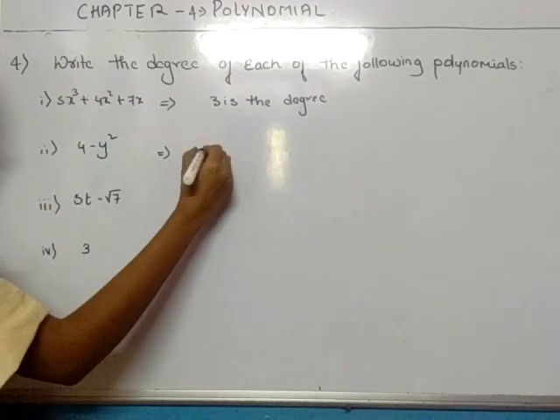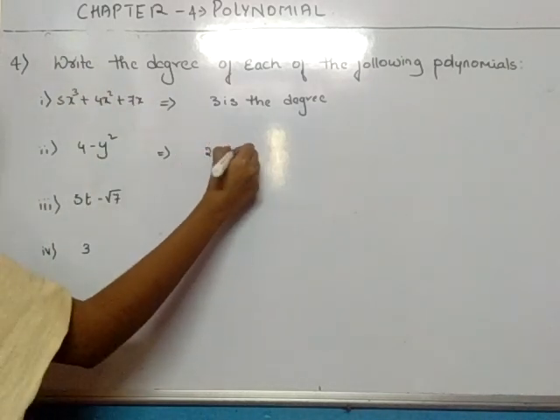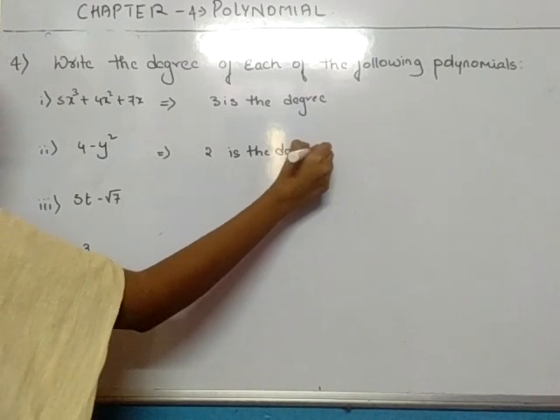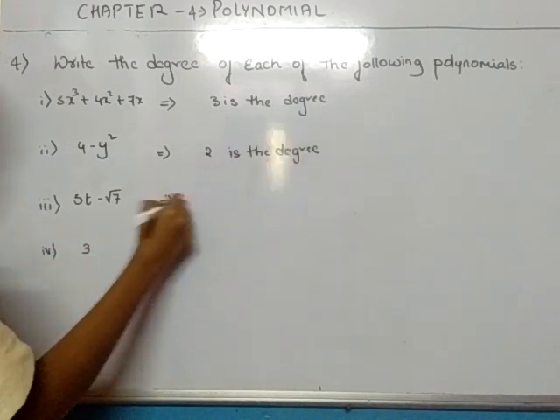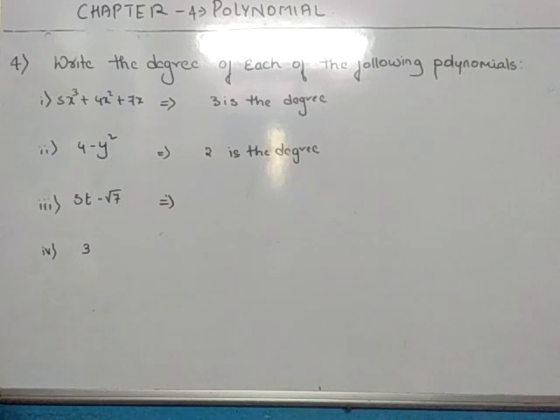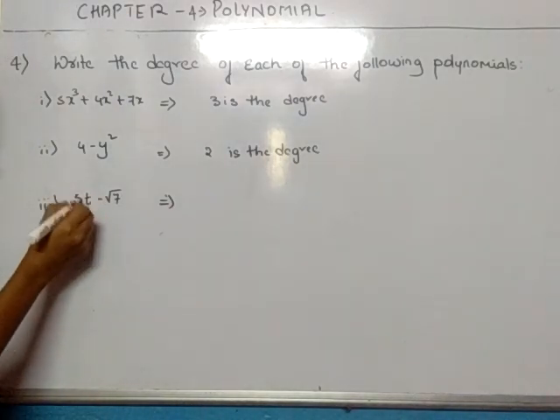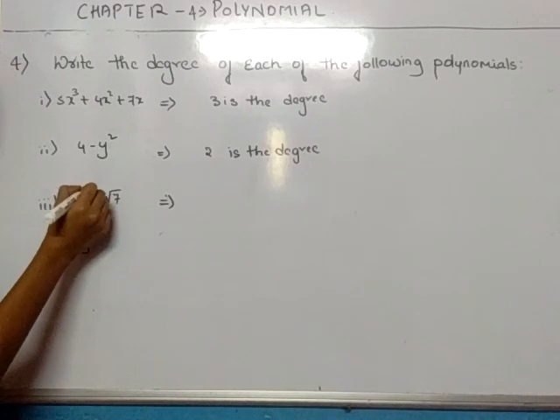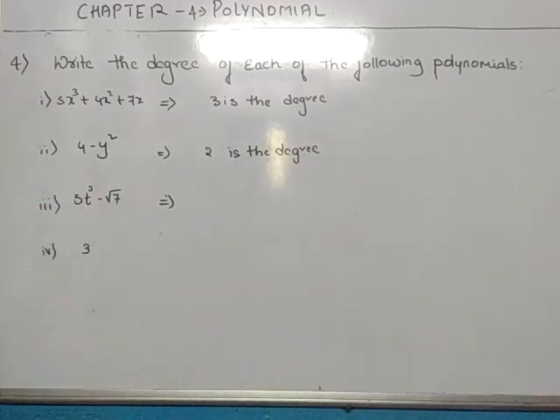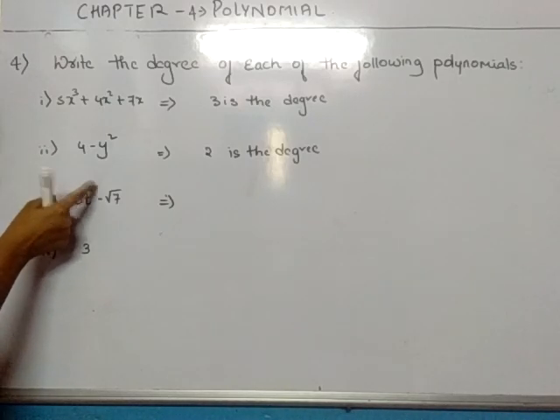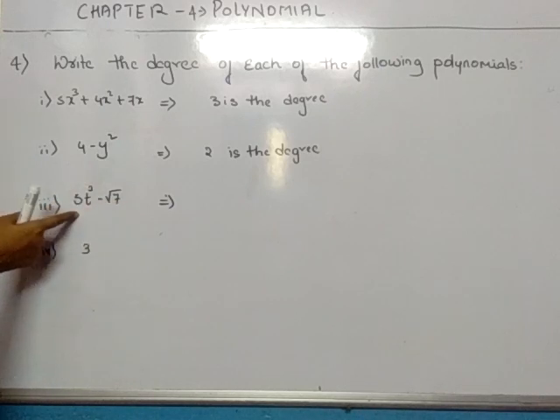So 2 is the degree here. Then for this, which is the highest degree? As I told, if nothing is present in the exponent, it will always be 1, right? So only t raised to 1 is present, then 1 will be the degree of the given equation.